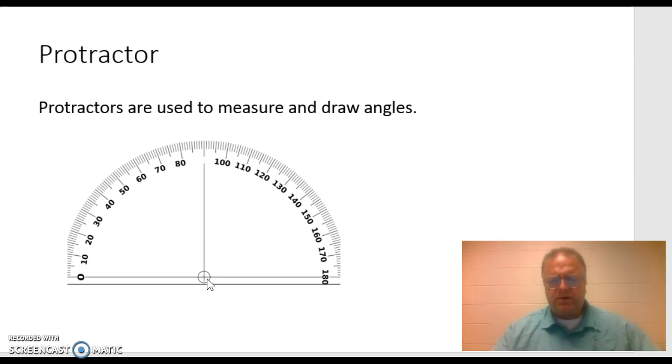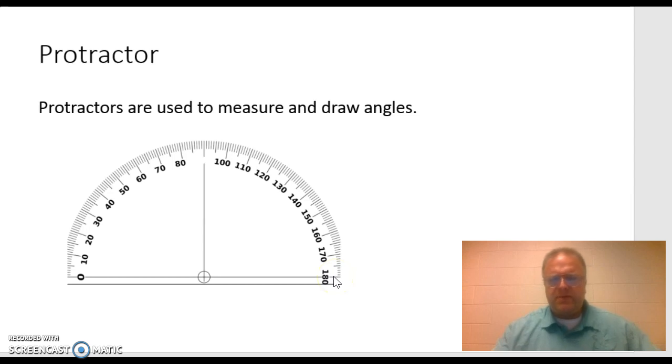Now, it's important to remember that angles are generally going to be between 0 and 180 degrees. Well, at least the ones that we're going to measure. And depending on where we put the flat edge, depends on whether it's going to be between 0 and 90, or 90 and 180 degrees.